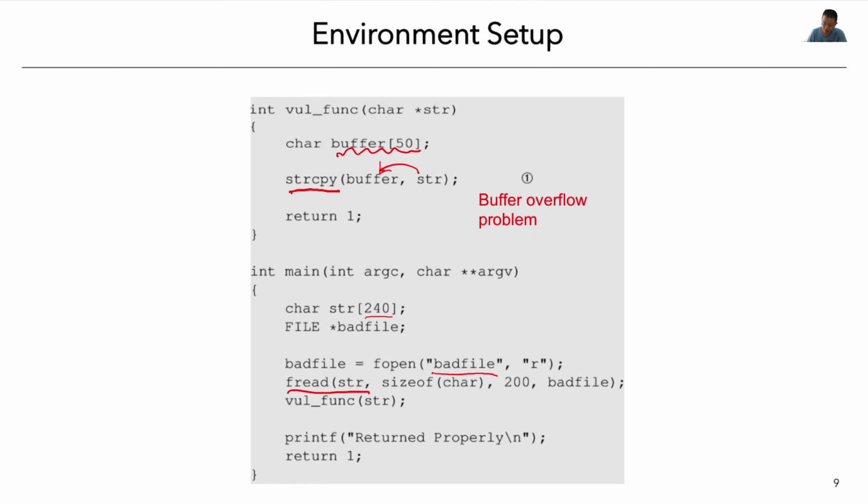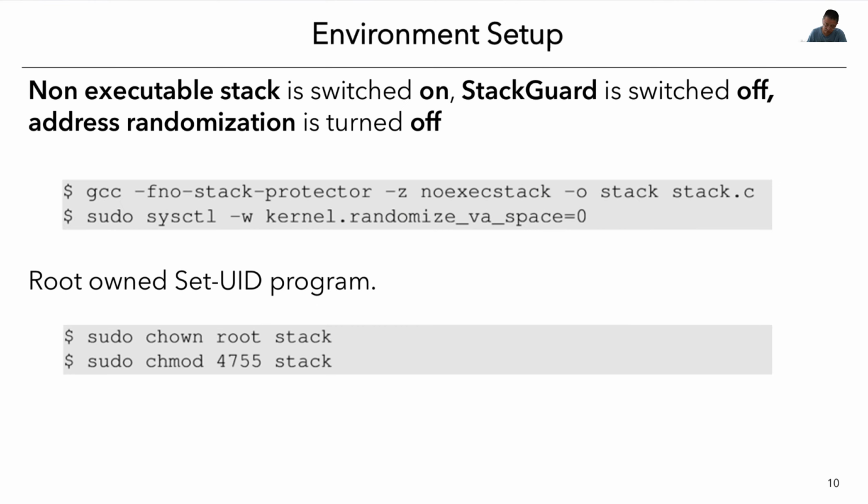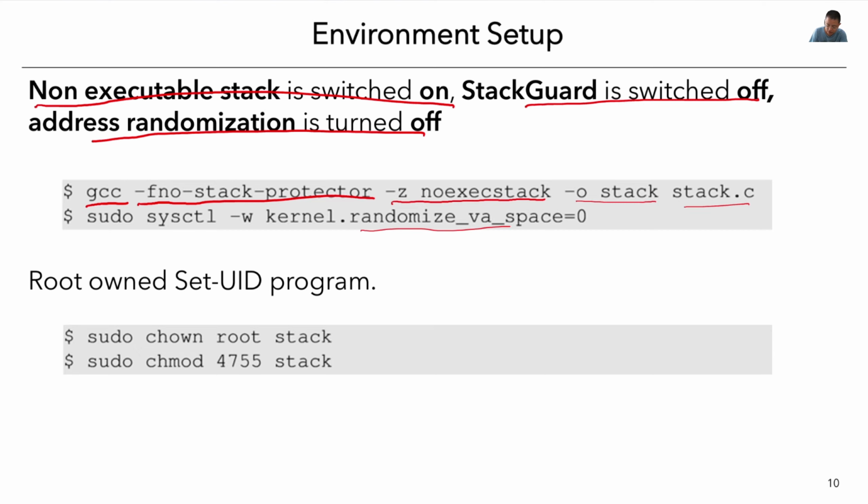This is very similar to project 1. So if the non-executable stack is switched on, the stack guard is switched off, and address randomization is turned off, we can compile it this way: gcc with no stack protector, -z noexecstack, -o stack stack.c. Then we set the randomization to be 0.